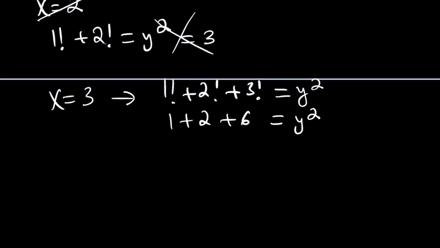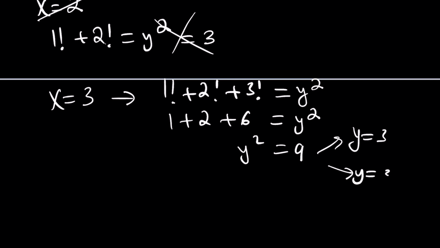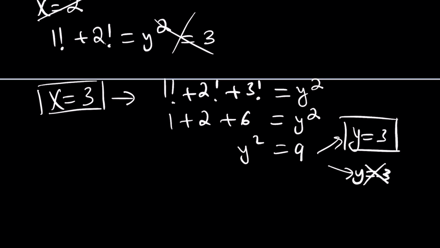If y squared is equal to 9, then we get a solution. Well, actually, we get two solutions, but we're only going to take the positive one. Y equals 3 and y equals negative 3. For obvious reasons, negative 3 does not count. So for x equals 3, y equals 3. Wow, that's interesting. First, we get 1, 1. Now we get 3, 3. Does that mean 5, 5 is going to be a solution? Don't worry, we'll get there.